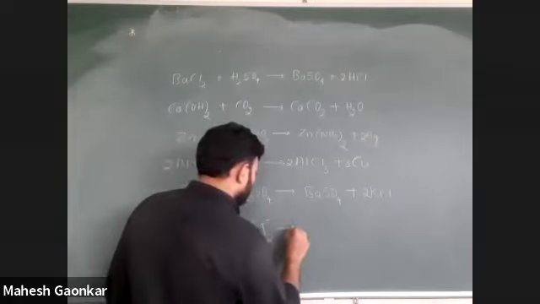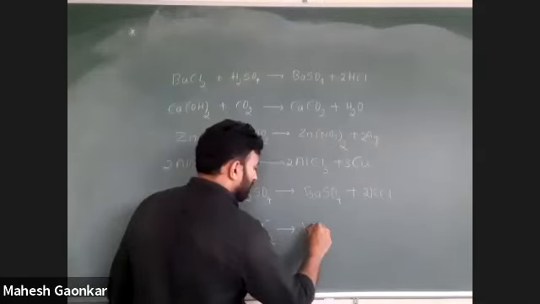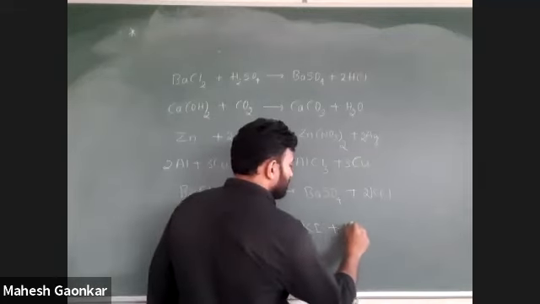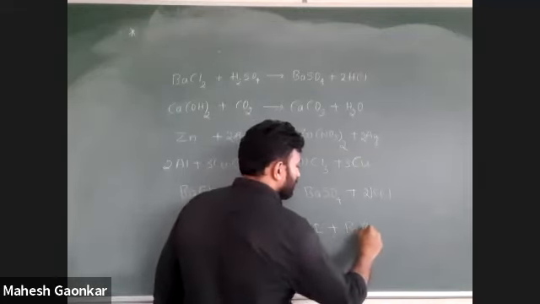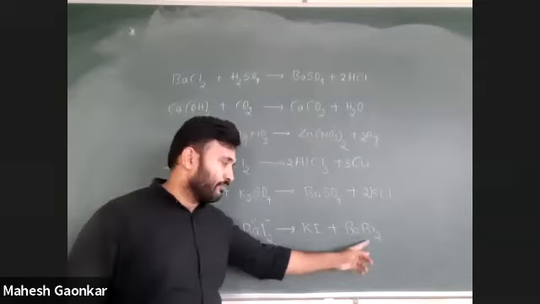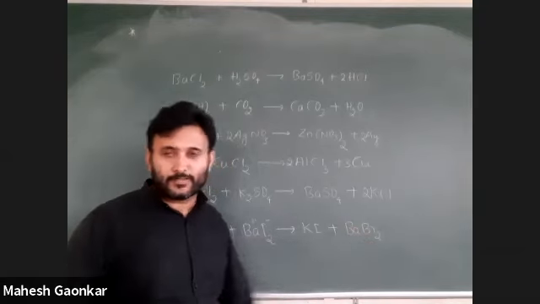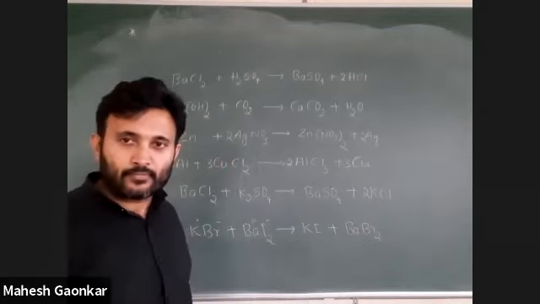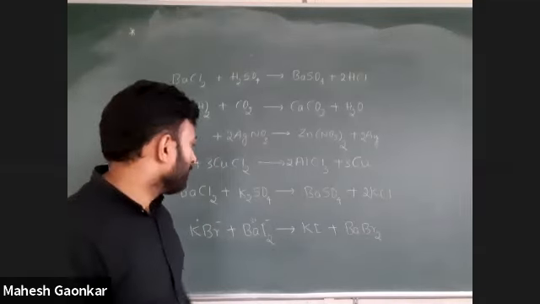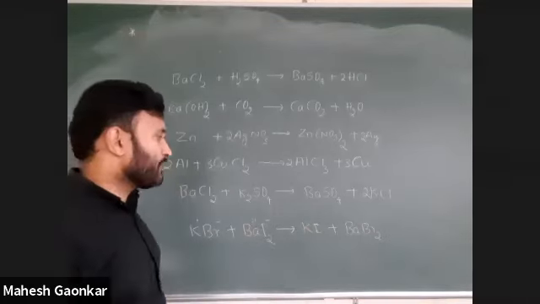That is why the products will be potassium iodide, KI, plus barium bromide, BaBr2. They have given potassium iodide and barium bromide, right? Yes, sir. That's the reason it has to be a double displacement reaction.